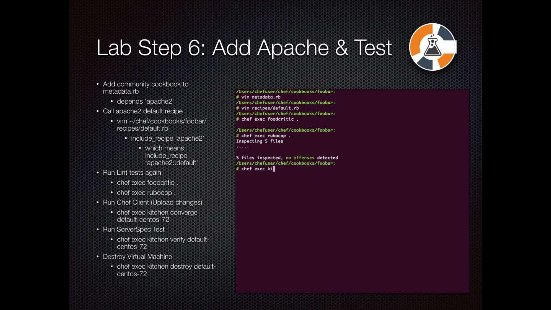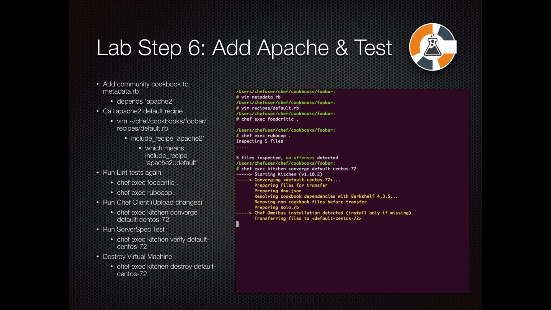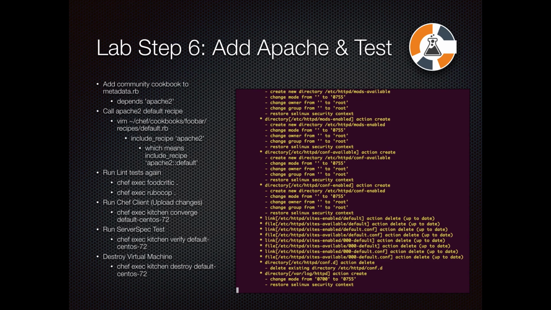Now we'll run kitchen converge to upload our cookbook changes to the virtual machine. And be sure to specify the test suite name, which is default-centos-7, or you could just do centos. Now it should go through and run the Apache default recipe, which will install Apache 2.